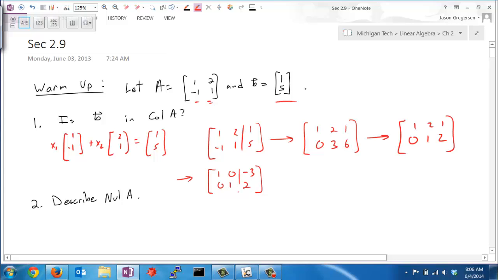Anyone else confirm that? Confirm or deny? Please confirm. You know my steps are sometimes sketchy. Okay. So that tells me that there is an x1 and x2. There is some linear combination of the columns that gets me to 1, 5. So in this case, yes, B is in the column space of A.